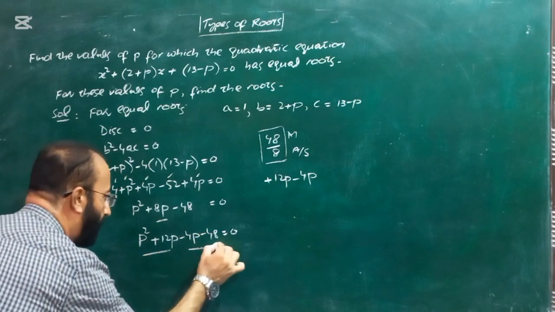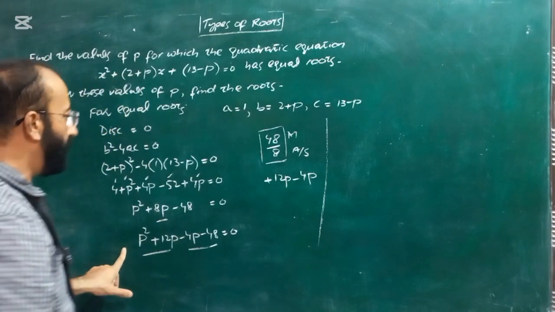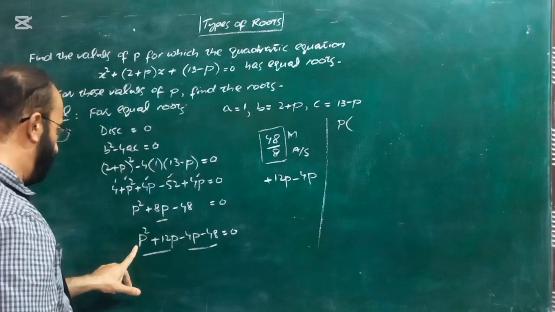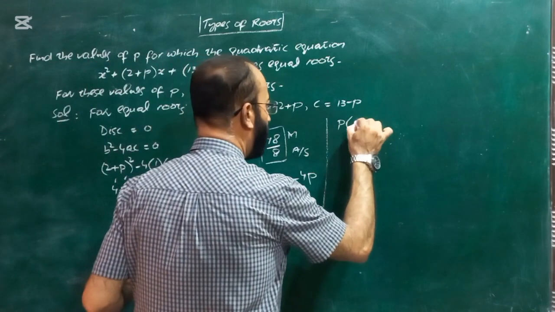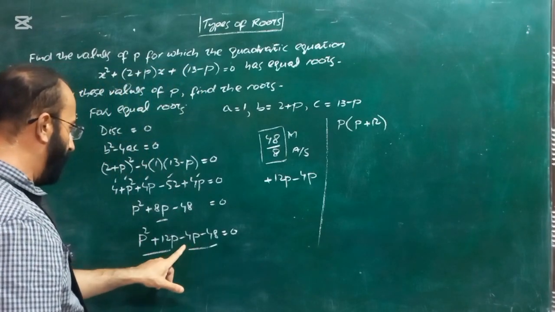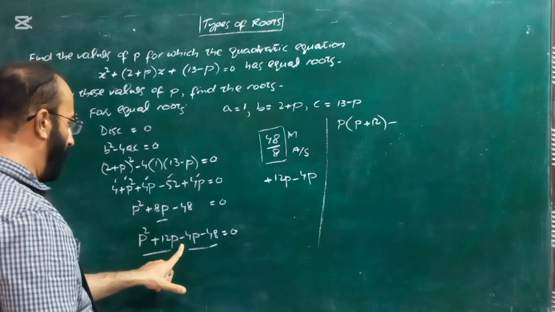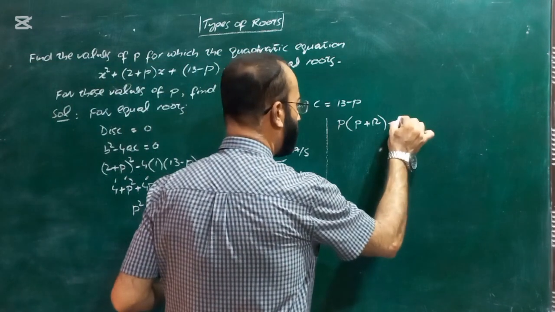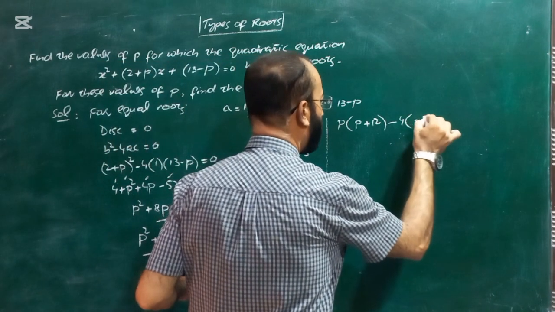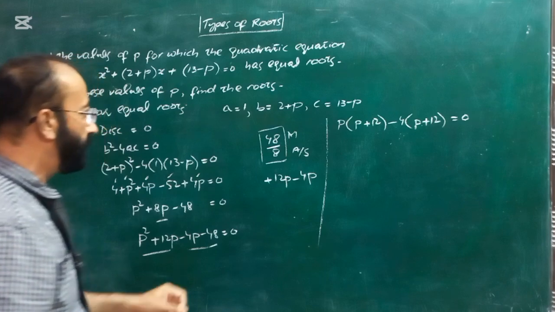At this step, make pairs. So look now, in the first pair p is common, so p into remainder is p plus 12, and in the second pair, before taking common, this minus sign will be taken here, and now 4 is common, and the remainder will be p plus 12 equal to 0 as it is.